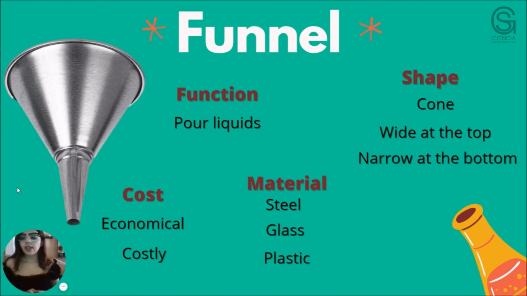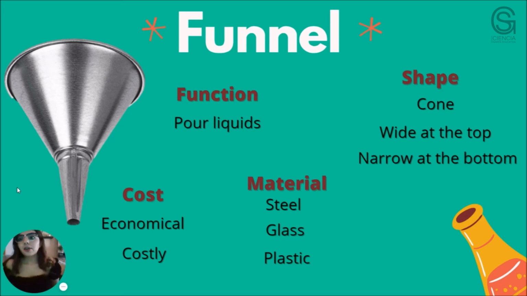And its shape, in the image it shows that it has a cone shape, but you can also describe the circles that are at the top and at the bottom. For example, it has a wide circle at the top and a narrow circle at the bottom. So that's why you can pour liquids into containers that have narrow circles at the top, okay?